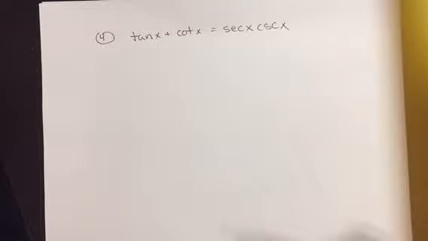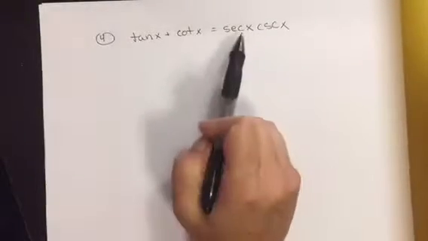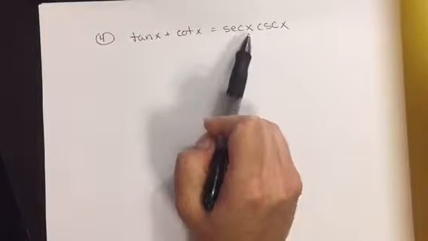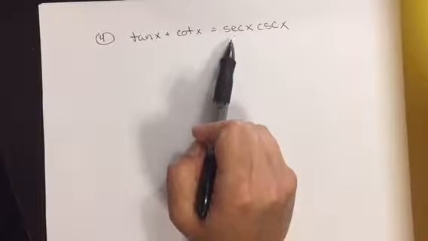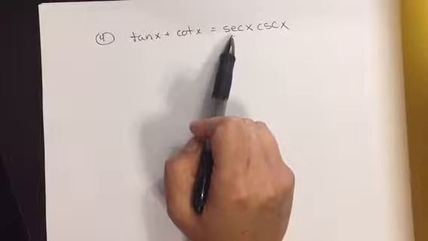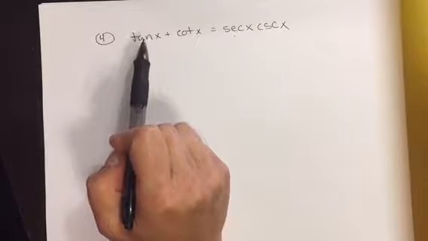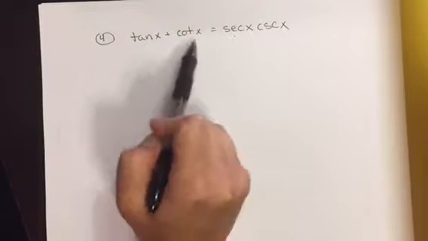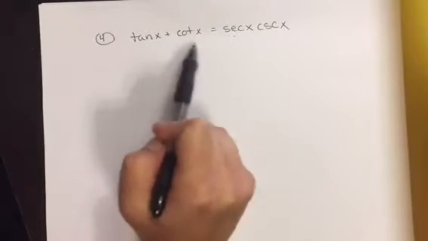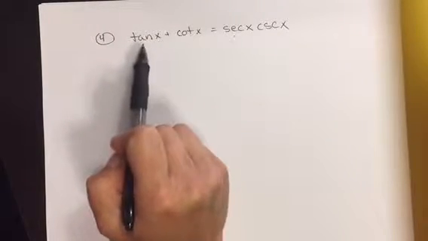So I'm going to see if I can make the left-hand sides into sines and cosines, because I know that if I can make it into sines and cosines, then I'm going to be able to use the reciprocal identity and make it into secant and cosecant. And because of the quotient identities, I know that I can make these into sine and cosine.